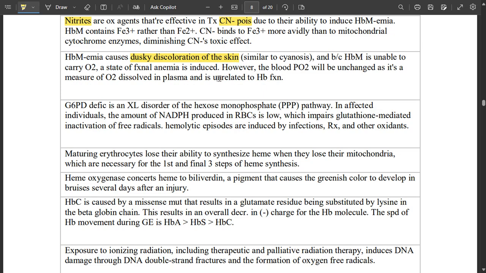Therefore, in methemoglobinemia, where oxygen cannot be delivered to the peripheral tissues because of a functional defect in the hemoglobin molecule itself, the value of blood partial pressure of oxygen does not change.